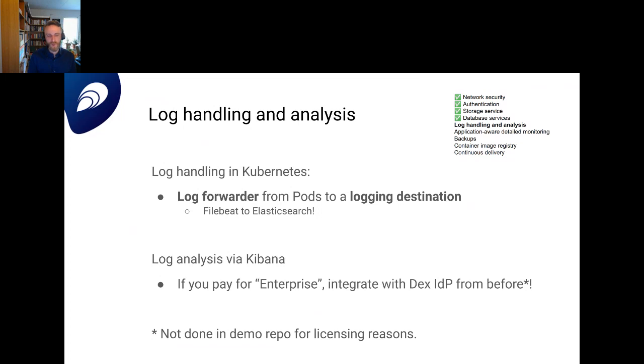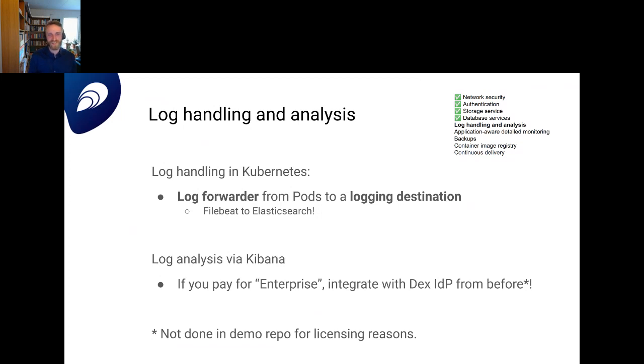Now, if you paid for the enterprise license, it would be possible to integrate with Dex that we installed before, the authentication thing, the federated identity provider. Because the demo repo is entirely open source, I couldn't include that feature.